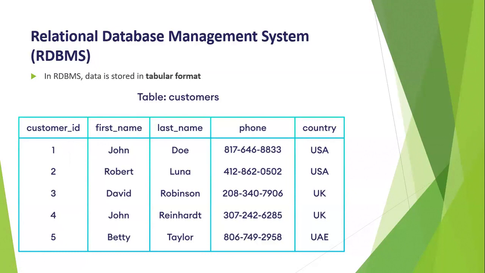So, clear about this? Any doubt you can ask if you don't understand. This is a very simple thing: we have a header and records. Similarly, it is stored in a table in the database.